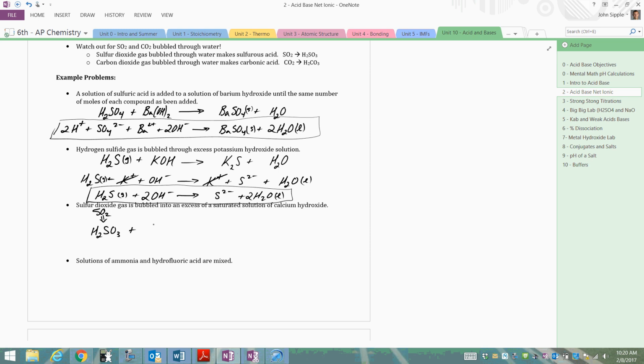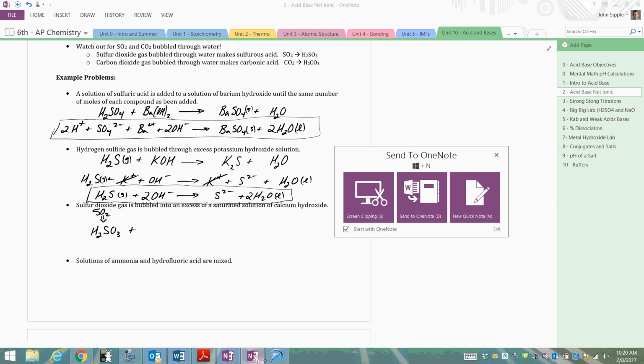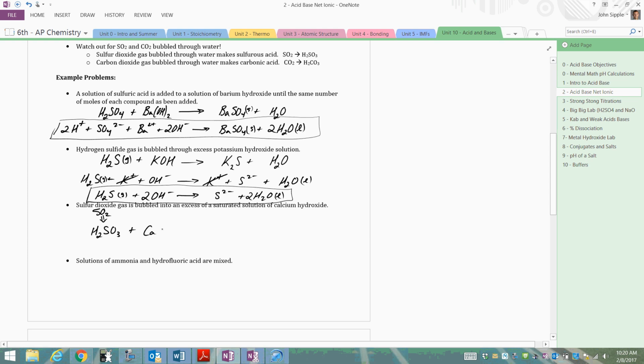Solution made of water, all right? And then we have calcium hydroxide. And what are our products here? SO3 and water.